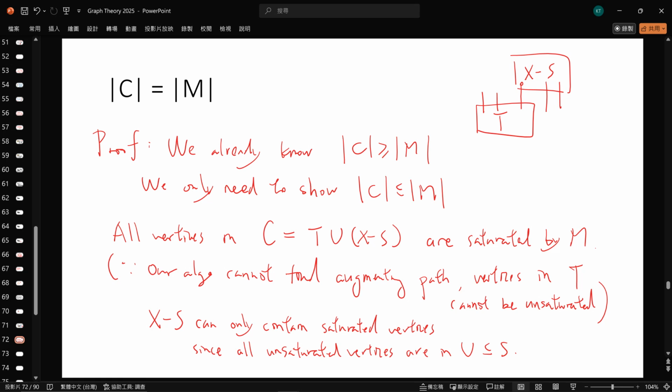So all we have to do is just show that they cannot share some edge in the matching. So they can only be matched or incident to different edges in the matching. If they are incident to different edges in the matching, then we know that the size of the matching is greater than or equal to the size of the vertex cover.